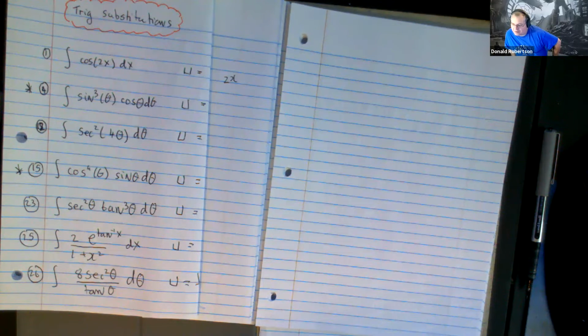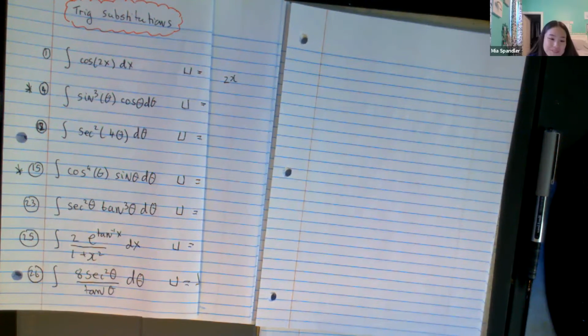Secant or tan? That's the only choice you get in these questions. Tangent. Agreed. Why, Mia? Lucky guess, or you got a feel for it this time? I got a feel for it because once you find the derivative of tangent, it's secant squared theta. Right, so won't that end up, oh, thank you, with theta, a over u is what it would turn into, right? It works really well. If you do the other one, yeah.